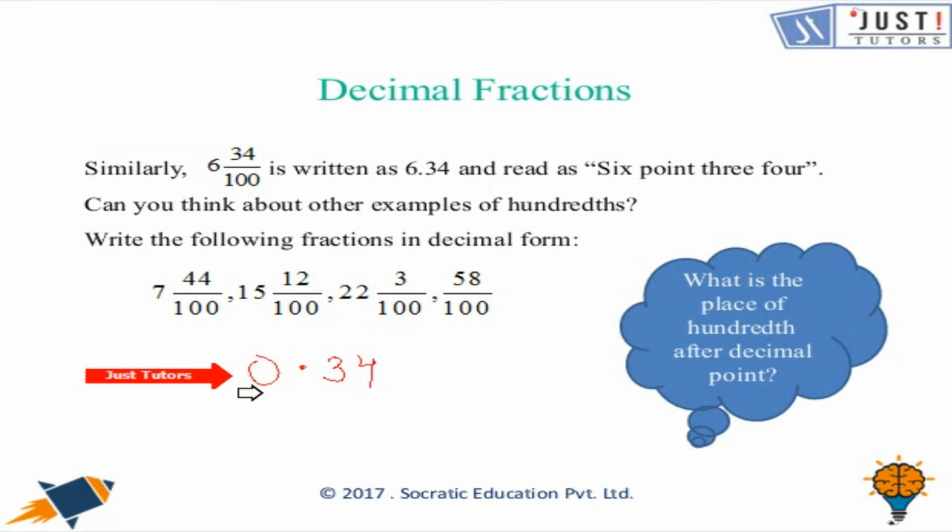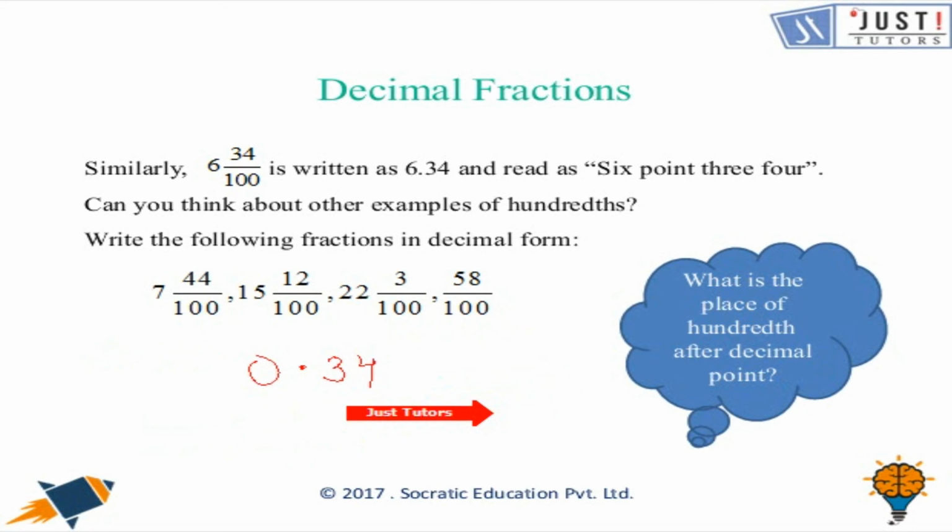If we add 0.34 onto 6, that will give us 6.34. That is how we read it as 6.34. Can you think of any other examples based on hundredths? Here are the following fractions given below. You can try writing them in decimal form.